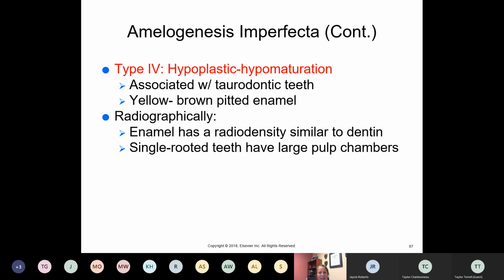And then there's hypoplastic and hypomaturation, which is associated with taurodontic teeth. And remember, taurodonts, I gave the comparison of my dad having really short legs. So taurodont has a really long pulp chamber and then really short little stubby roots. Radiographically, the enamel has a radiodensity similar to dentin. And like I said, those single-rooted teeth have large pulp chambers.